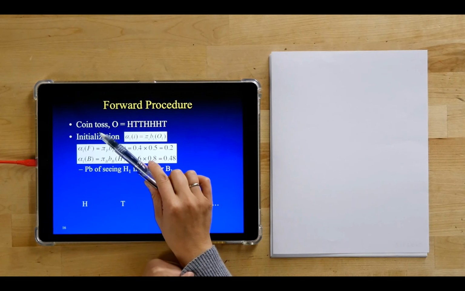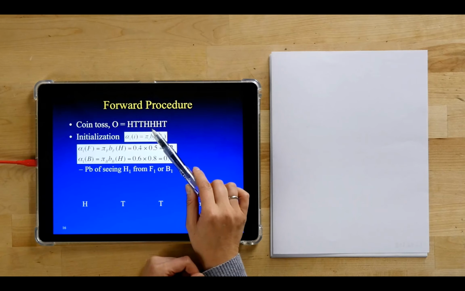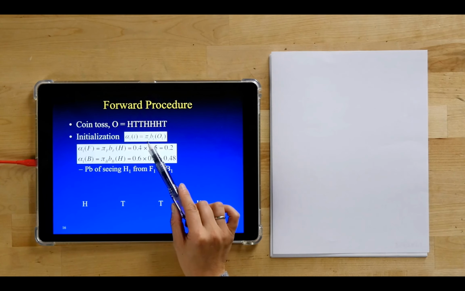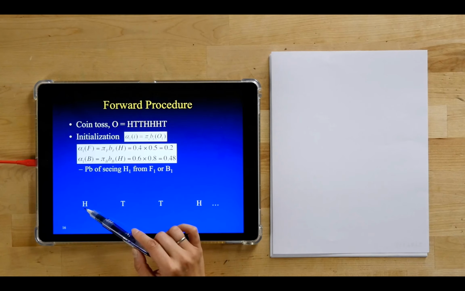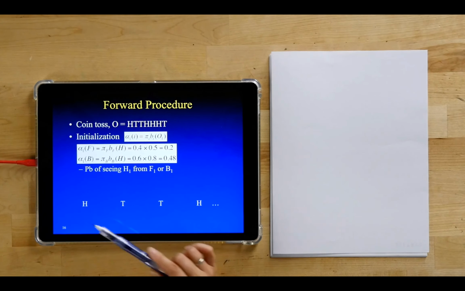So again, we have the observation that the coin is head, tail, tail, head, head, head, tail. And there is an initialization, right? So the initialization is saying, what is the probability that I can use a fair coin to see the head versus a biased coin to see the head.